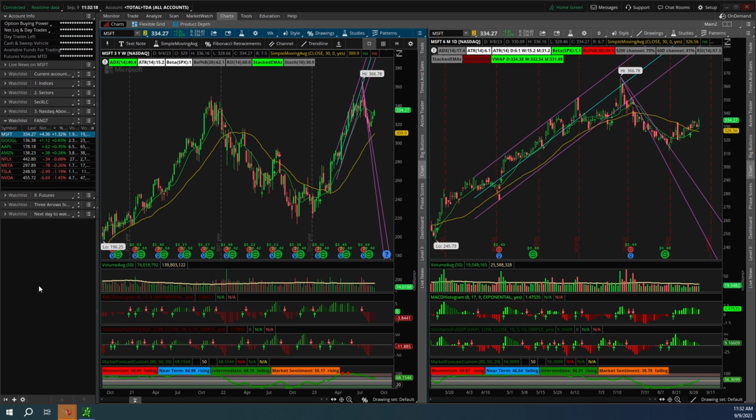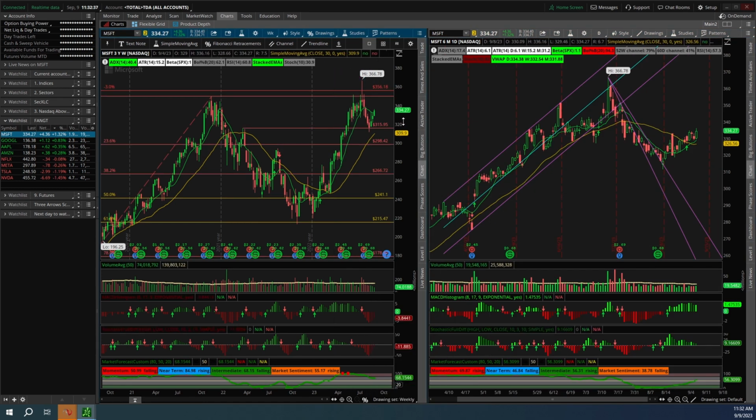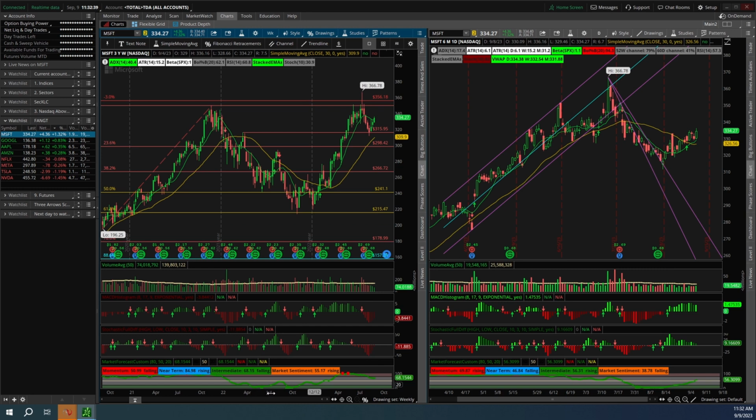Now let's look at the big caps in the FANG. I do have Microsoft here as the best mover on Friday. Let me put this one as a weekly as well to see what levels I have marked there. But you see that it's moving to the upside.